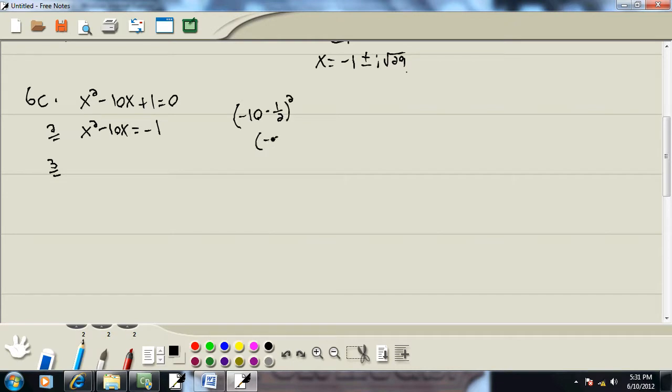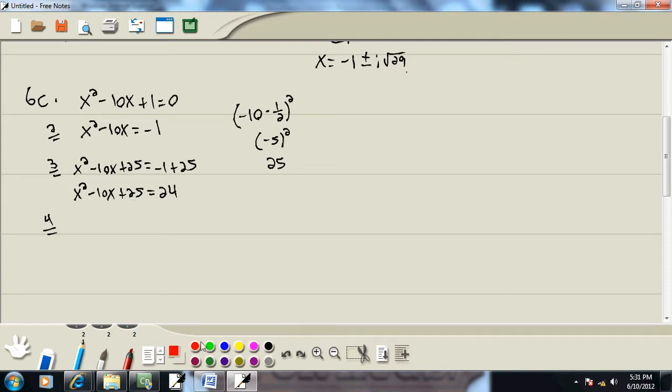Negative 10 times a half is negative 5. Negative 5 squared is 25. And then add that to both sides. So we got x squared minus 10x plus 25 equals negative 1 plus 25. Negative 1 plus 25 gives us 24.